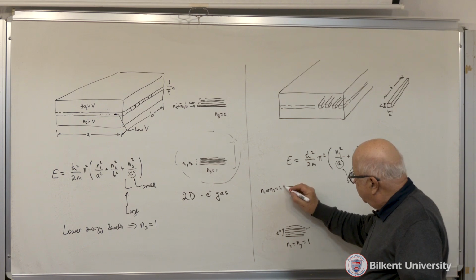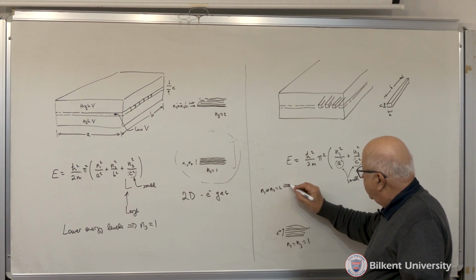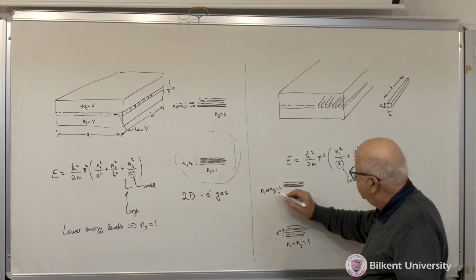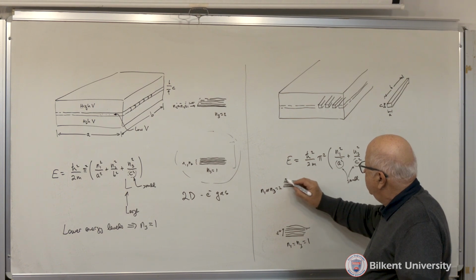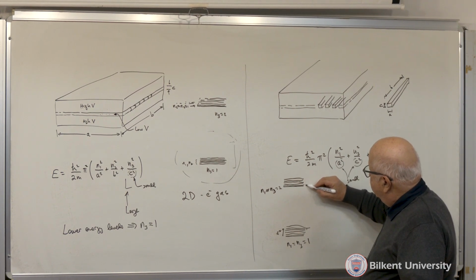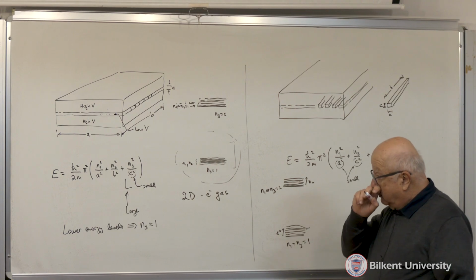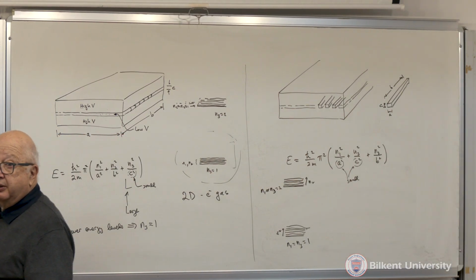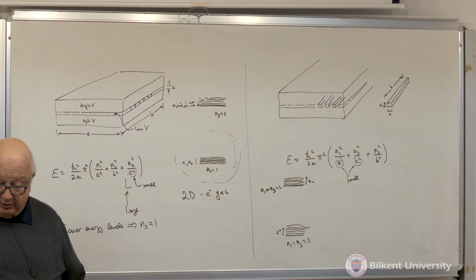And again, on top of that, I can start with N3 equal to 1, N1 equal to 1. As I increase N2, I get to higher and higher energies. Is this more or less clear?